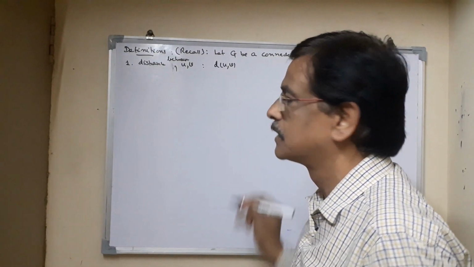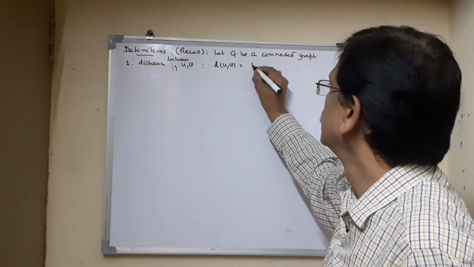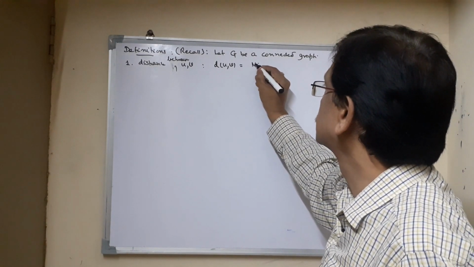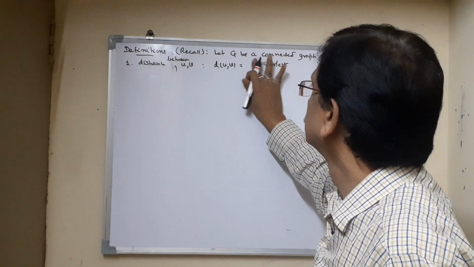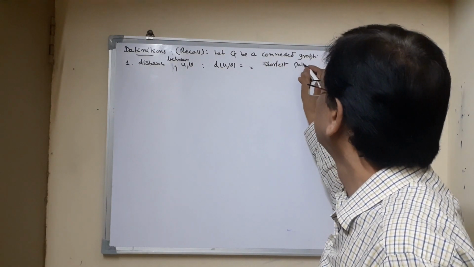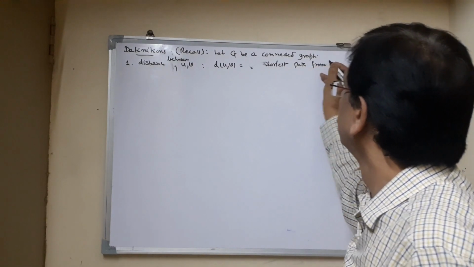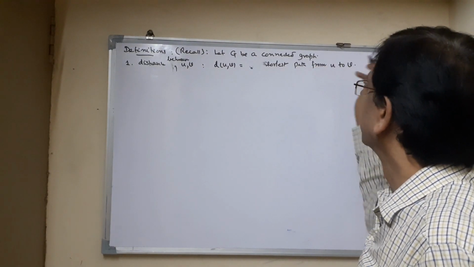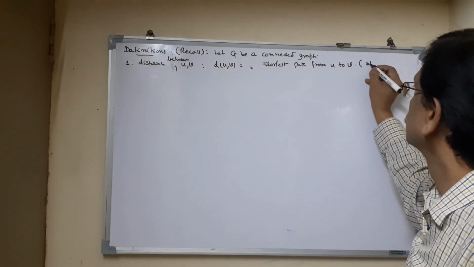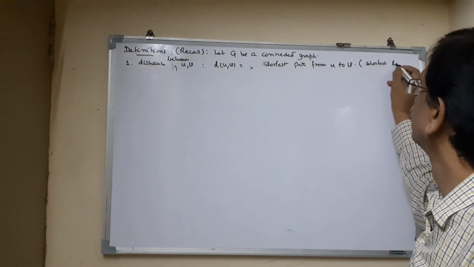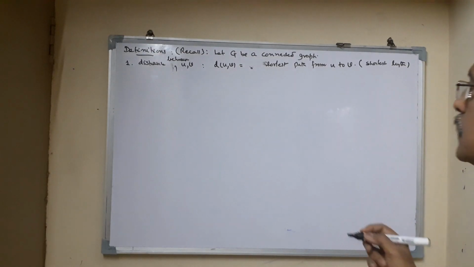Given two vertices, I have already done this. This is the shortest path from U to V. The shortest path means the shortest length. That is d(U,V).